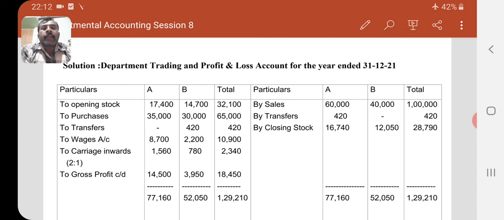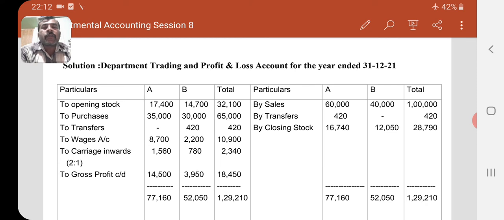On the debit side, opening stock, that is the stock given for 1/4/2020, is going to be debited: Department A 17,400, Department B 14,700. Purchases, Department A 35,000, Department B 30,000.